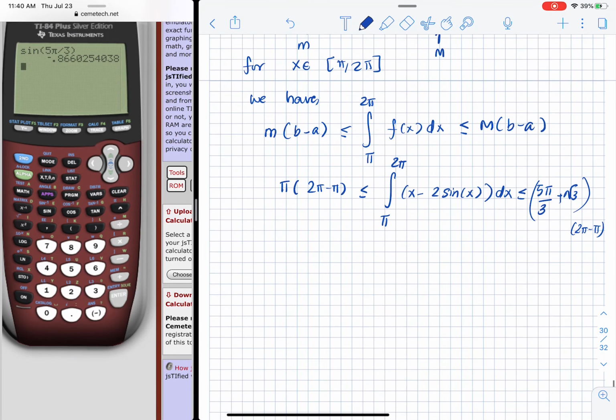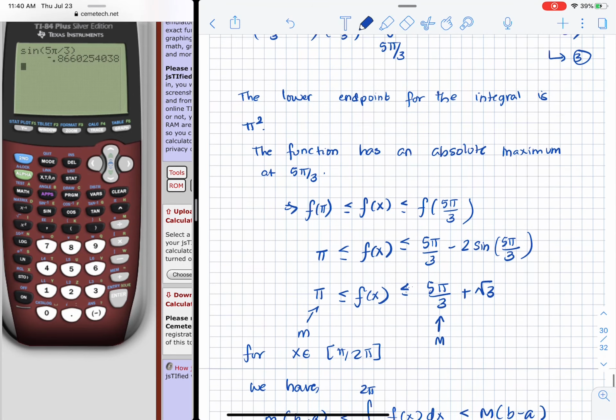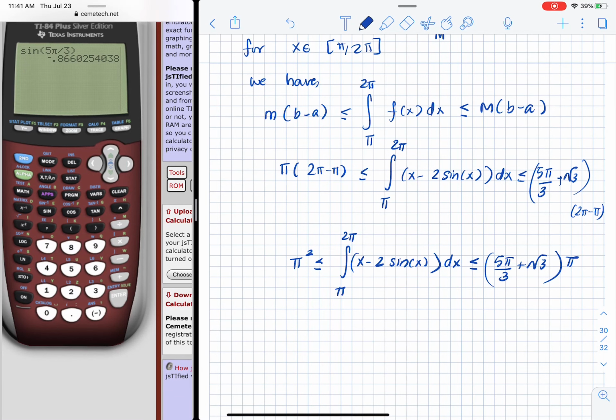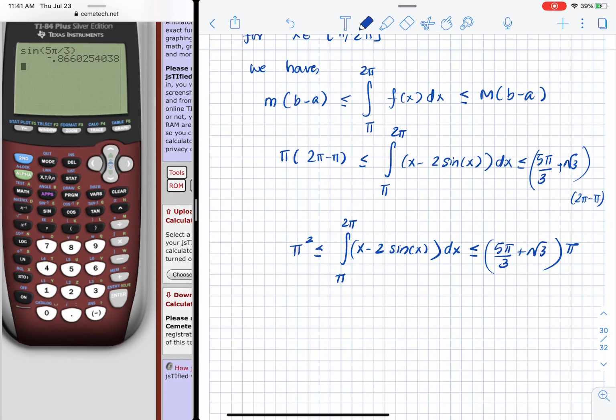So that would be pi squared less than or equal to the integral from pi to 2 pi of x minus 2 sine x dx, which should be less than or equal to 5 pi over 3 plus root 3 times pi. So if we include that argument, we can see that this would be the upper bound for the integral. So the integral has to lie between pi squared and 5 pi over 3 plus root 3 times pi.